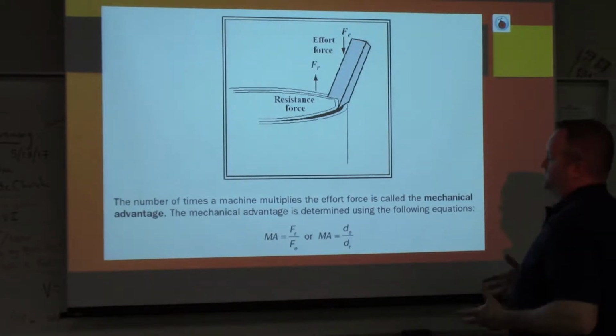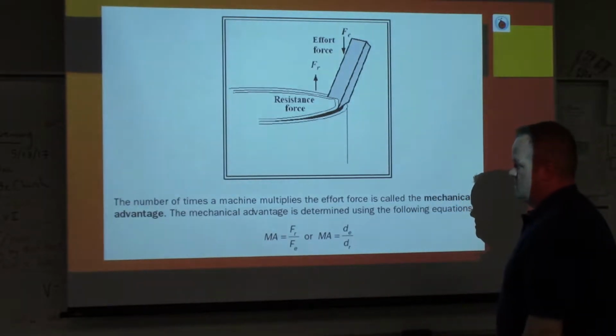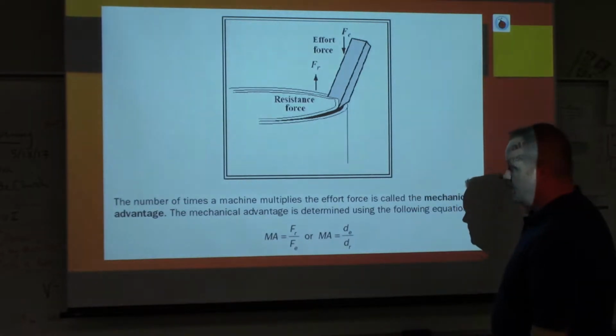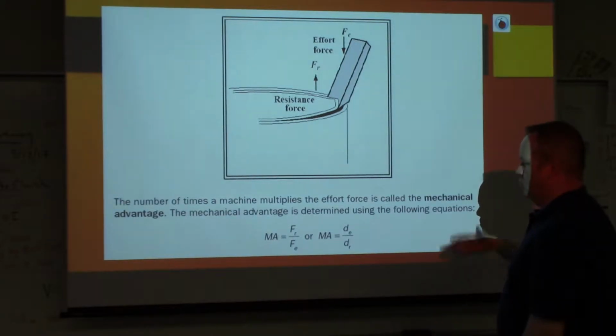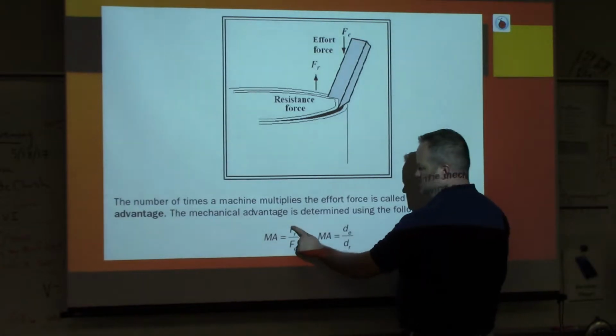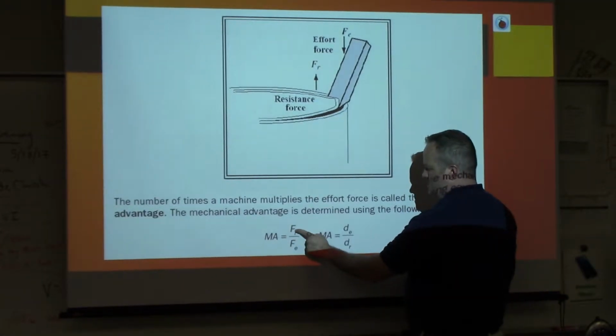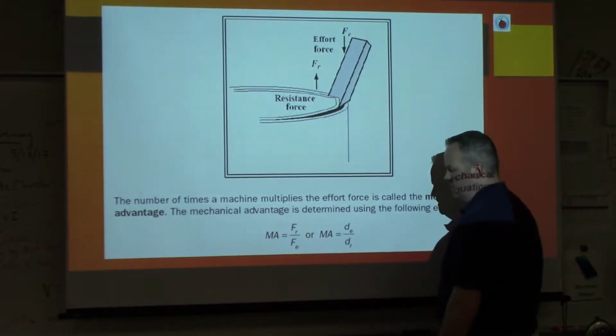So here's an illustration of a lever that's being used to pry open a can of paint. It says your mechanical advantage is going to be the number of times the machine is going to multiply your force. And the way we find that formula is we have the resistance over the effort. So this is the output over the input.